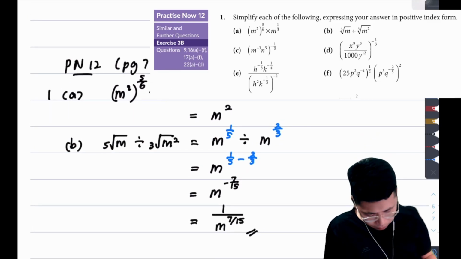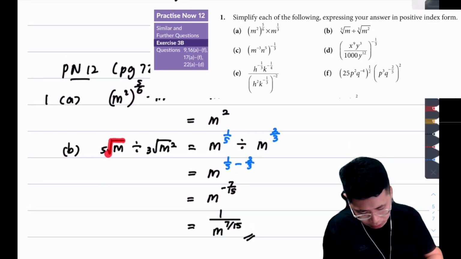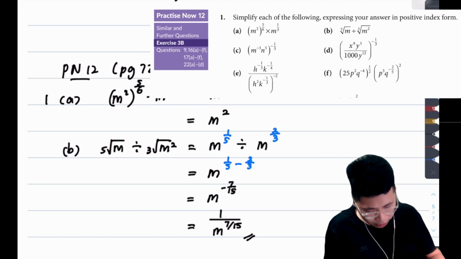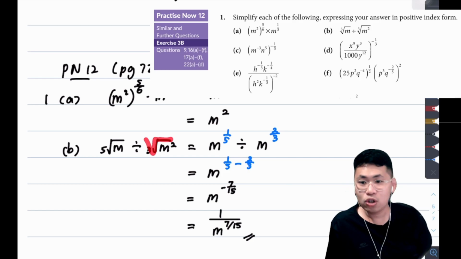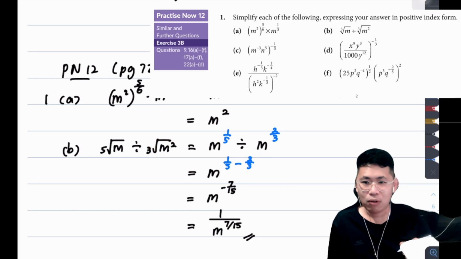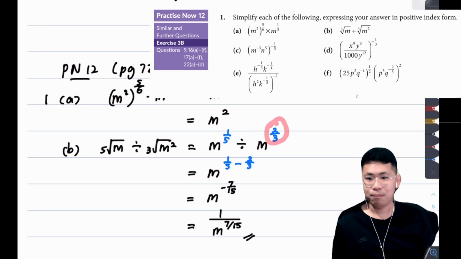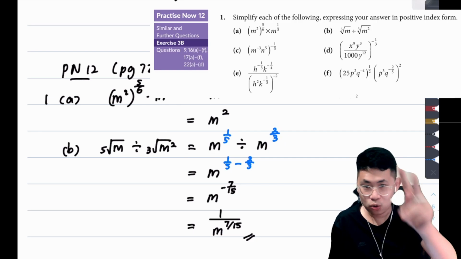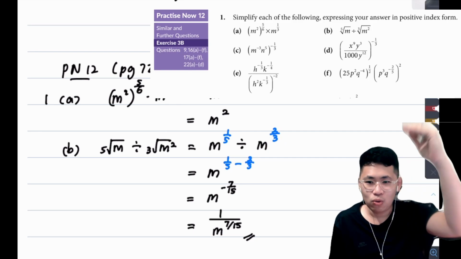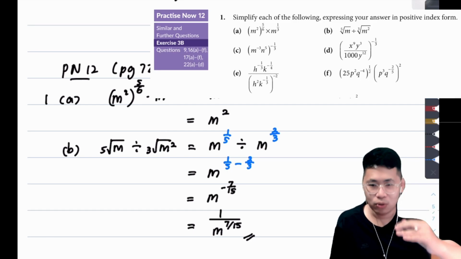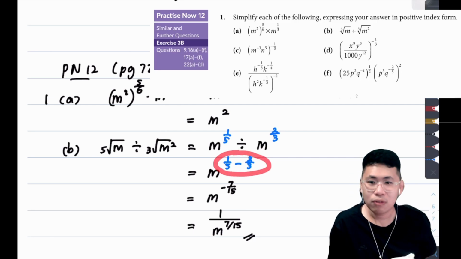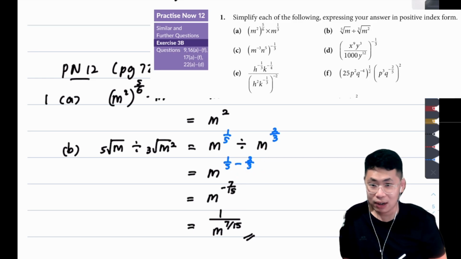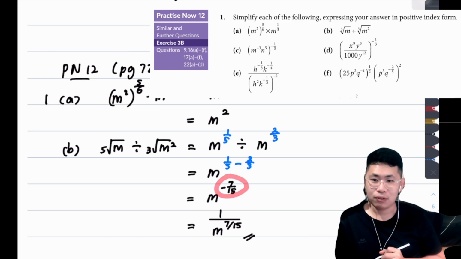Part B, we can convert this root into a fraction, power 1 over 5, and we can convert this cube root into power 2 over 3. We have a square there, so the 2 will be on top, then the root will be below, 2 over 3. So we have 1 over 5 minus 2 over 3 because it's divide, to get a negative 7 over 15.